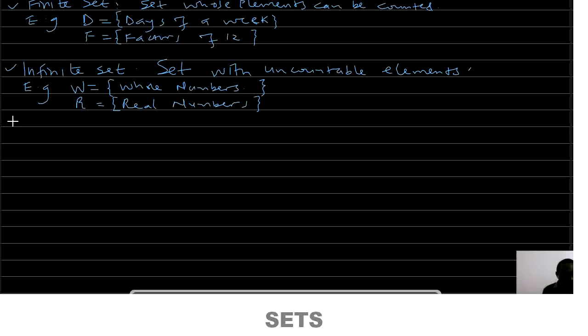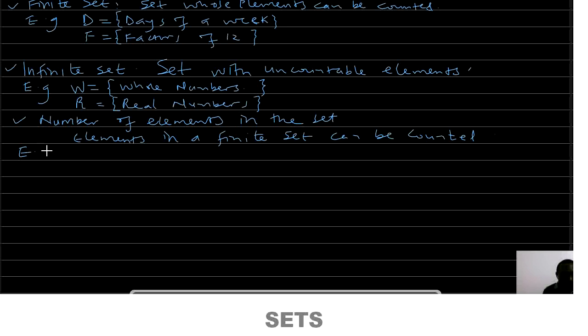The next terminology, number of elements in a set. If we are to talk about number of elements, that means we are going to consider a finite set. Elements in a finite set can be counted to get the number of elements in that particular set.